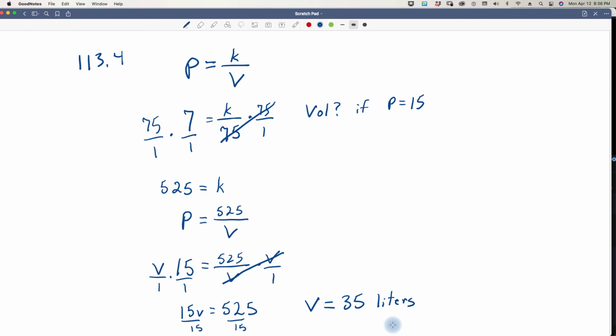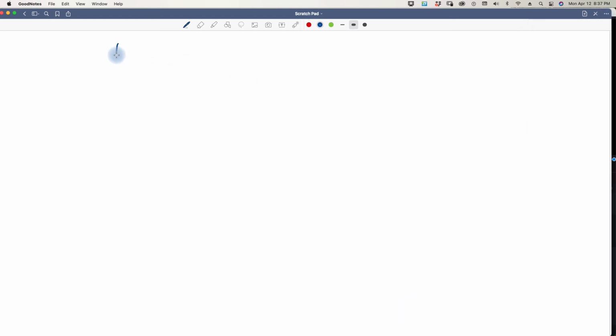Right? Very good. All right, let's do one more. Let's do 113.5. Okay, and it says, to travel a fixed distance, the rate is inversely proportional to the time required. When the rate is 60 kilometers per hour, the time required is 4 hours.